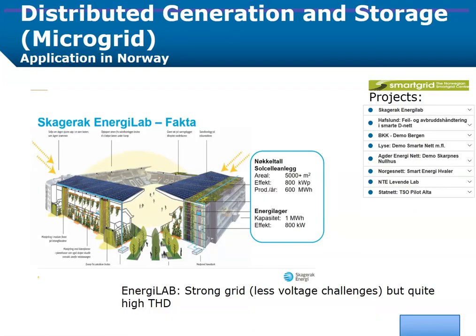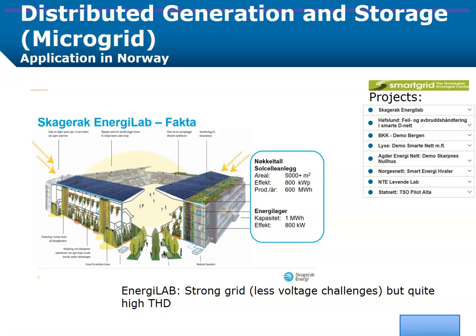Nearby our university in Skien, we have a stadium, the Skagerrak Stadium, and we have one case here for a microgrid. Actually, that is very interesting. They have put solar panels on the stadium rooftop, as you can see here, and they are doing research on how it will be for the grid surrounding it.